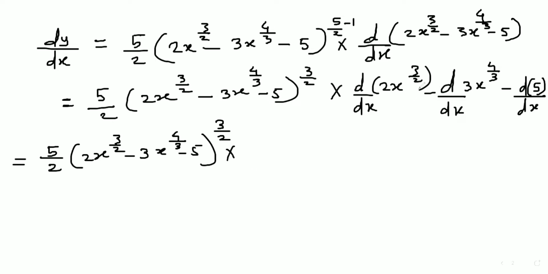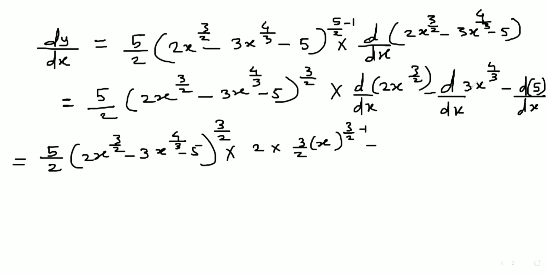Let's find these three terms' derivatives individually. 2 is a constant with the variable, so we will write it separately, into the derivative of x raised to 3 by 2. Again, we will use the rule for x raised to n, where 3 by 2 is at the position of n. So let's write 3 by 2 into x raised to 3 by 2 minus 1.